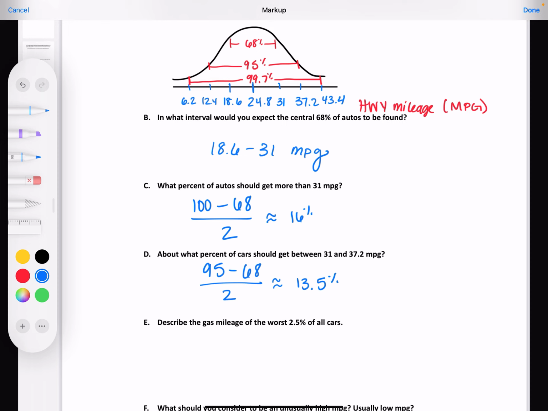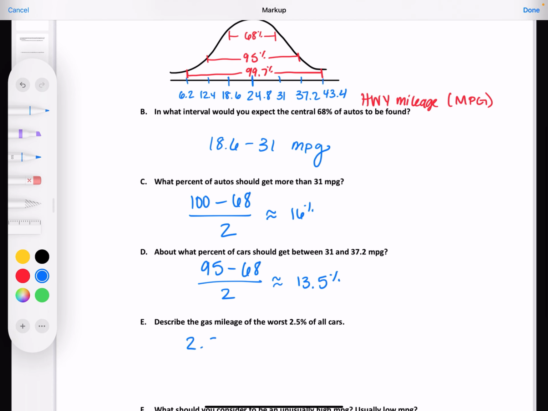What percent plus 5% gives you 100%? 95, okay? So we're looking at the stuff that is below that, because there's 5% left, so that means there's 2.5 on each side. So the worst 2.5% is going to be anything 12.4 and below.